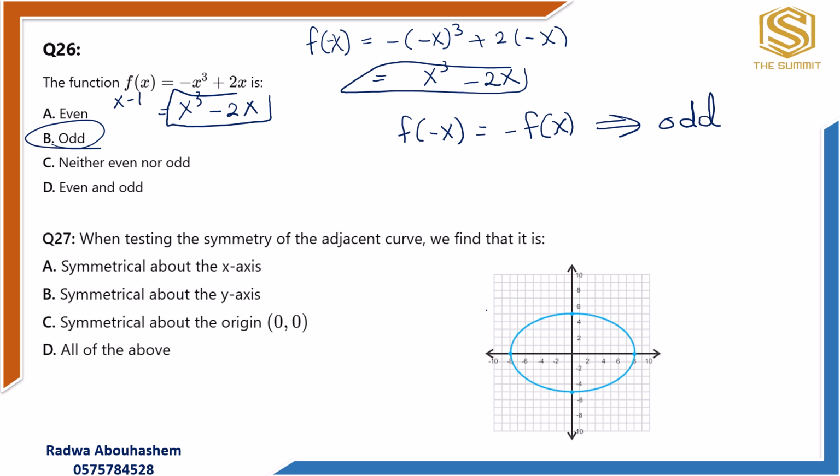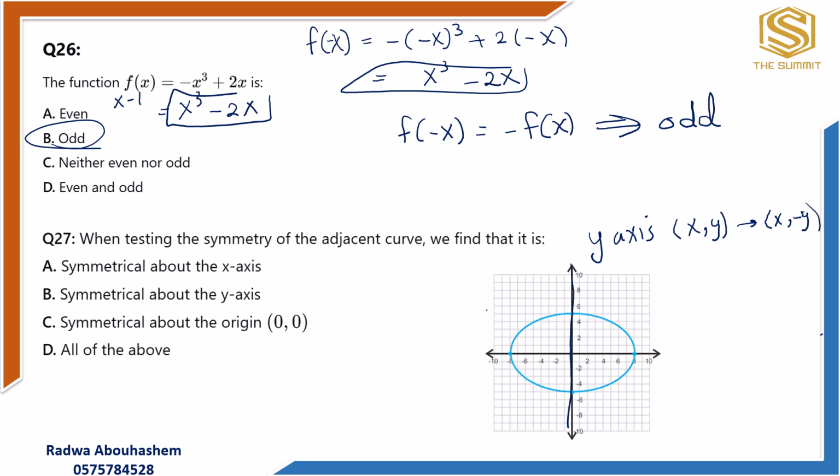Now, when testing the symmetry of the adjacent graph, we find it. Okay, he's asking, what is the type of symmetry? As you see here, we have y-axis symmetry. If you have y-axis symmetry, that means that if you have the point x and y, the symmetrical one for it would be negative x and y.